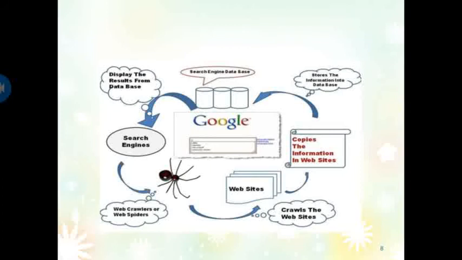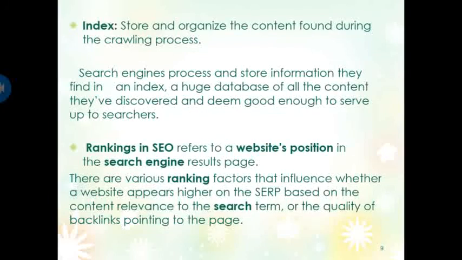Now the next thing is, what is an index? Index is to store and organize the content found during the crawling process. Whatever it has retrieved during crawling, the next step is to store and organize it. This process is called indexing.